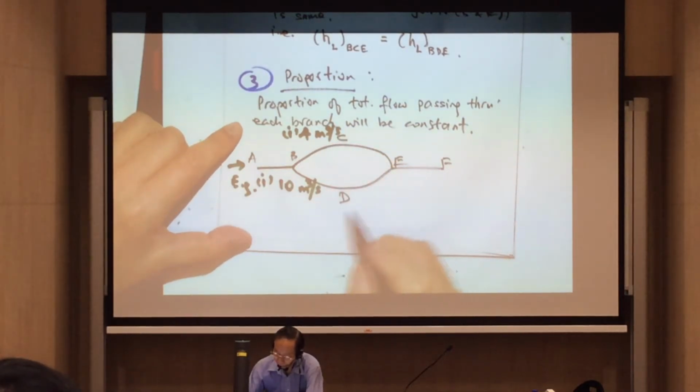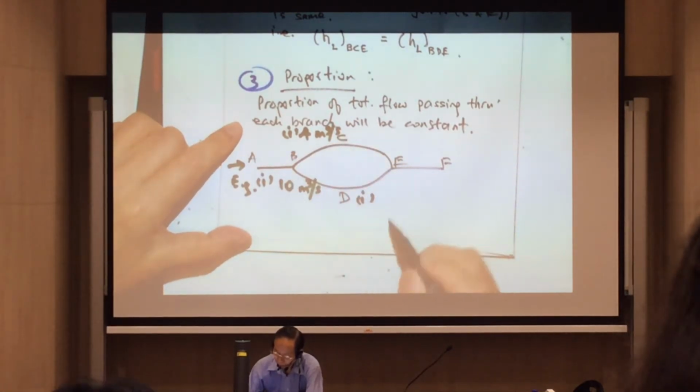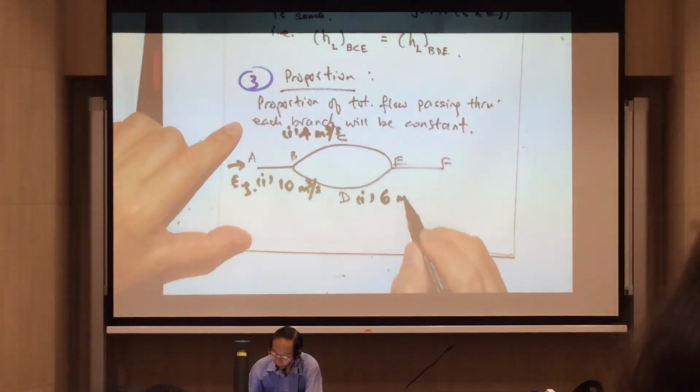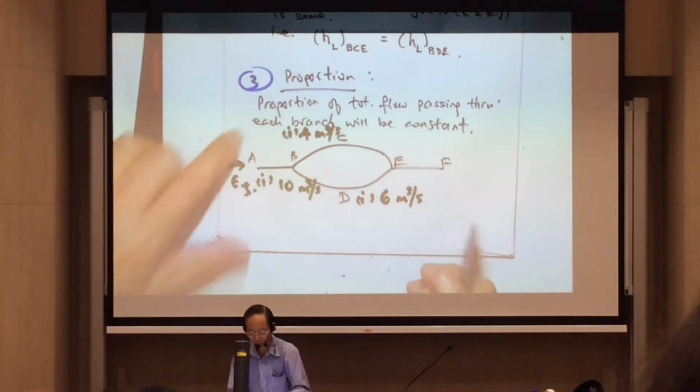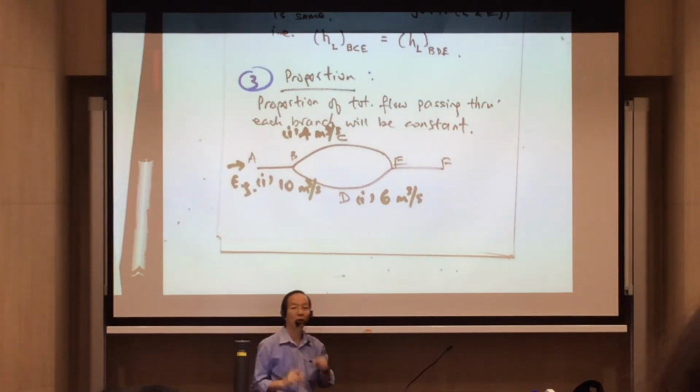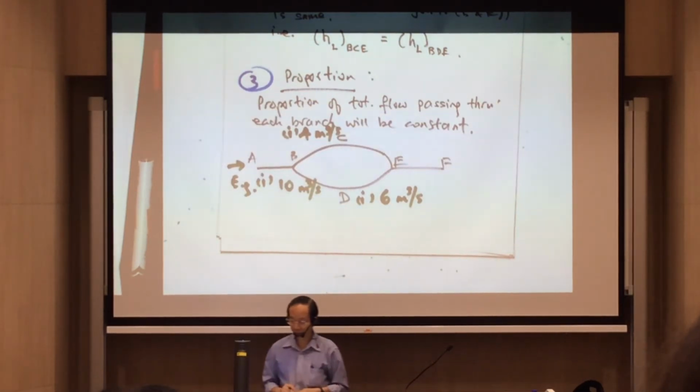Therefore, for the branch BDE, it will be 6 meter cube per second. So there's a 40-60, or 4-6 proportion.